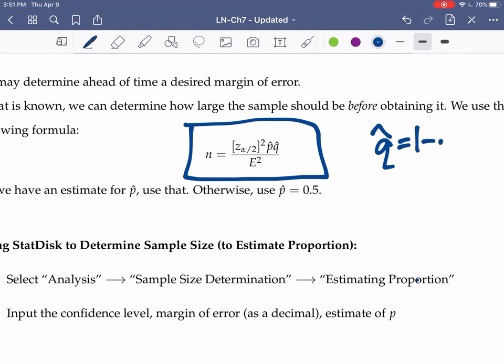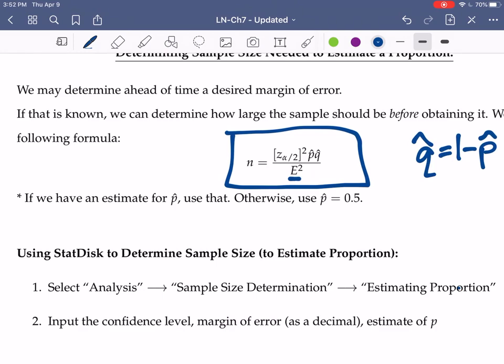Those are estimates if we have them, and then divided by the margin of error, squared. Again, that's a margin of error that we have determined beforehand. We can use this to calculate the sample size we will need.